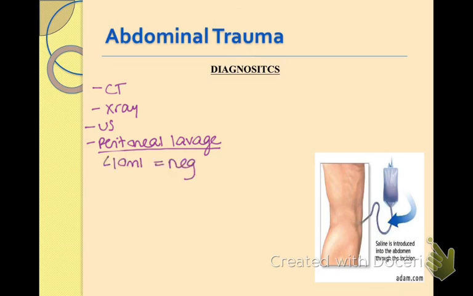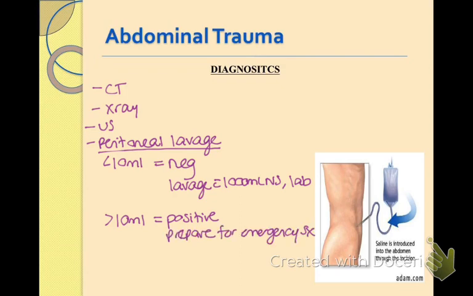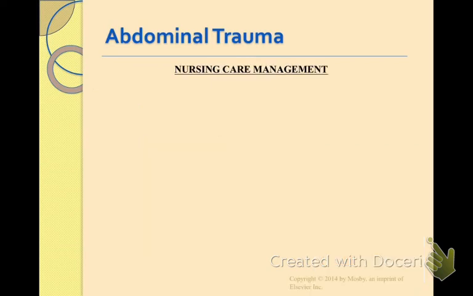And if they get less than 10 mLs, then they consider it a negative. They lavage with the 1,000 mLs of normal saline, and then they send it off to the lab. But if they get more than 10 mLs, it's considered positive, and they're going to prepare for surgery. But like I said, you rarely see this anymore just because CT has become so efficient and effective.